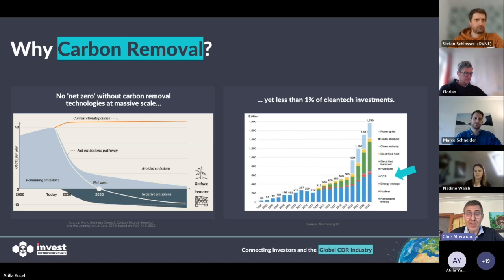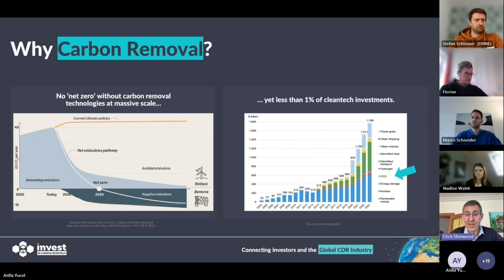So why are we convening you today? Why do we think this should be of interest to investors? Because there seems to be an investment gap in carbon removals. If you look at clean tech investment, carbon removals is not even listed in this Bloomberg graphic as a separate standalone item. It's sort of assumed to be part of the CCS part of the graphic.